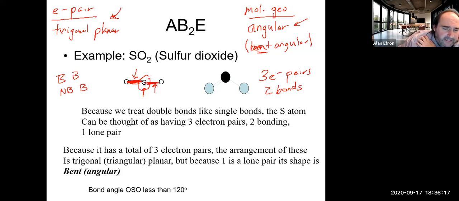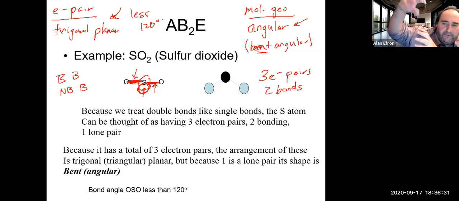Because we're lacking that third bond like we normally would with our trigonal planar, it is going to be a little bit less than 120 degrees. Because with our third bond there, we get that nice equilateral triangle at 120 degrees. Without that third bond, it has a little more room to move. So the bond angle will be a little bit less than 120 degrees. Question on that one?